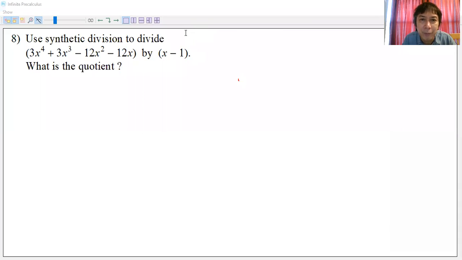Okay, 3x to the 4th, and then followed by plus 3x cubed minus 12x squared minus 12x. Okay, and then for clarification, that's plus 0 x to the 0. There. Okay. So we write here our given.